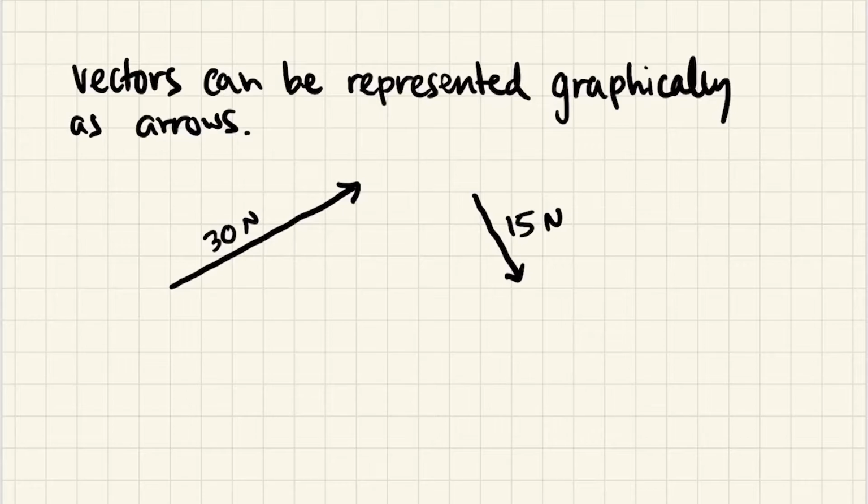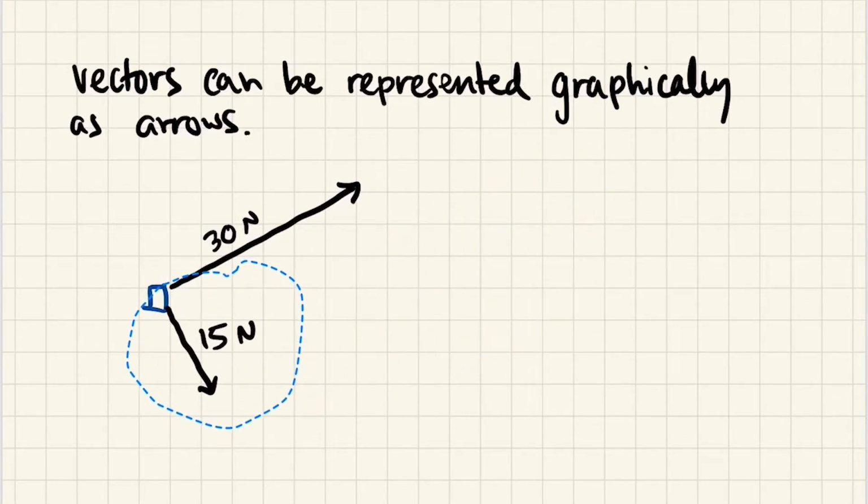Okay, and imagine an object with both of these forces acting on it. Let's say we have an object here and somebody's pushing 30 newtons in that direction, and then another person is pushing 15 newtons in that direction. This is a trigonometry problem because you can imagine that the object itself will accelerate probably at some angle between them, right?